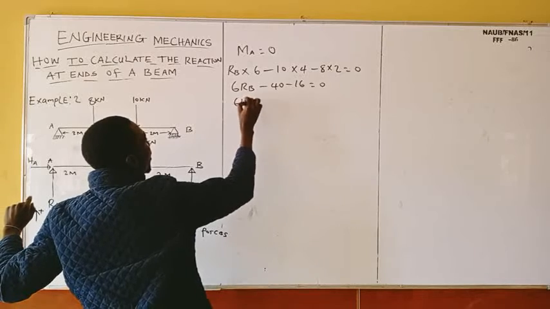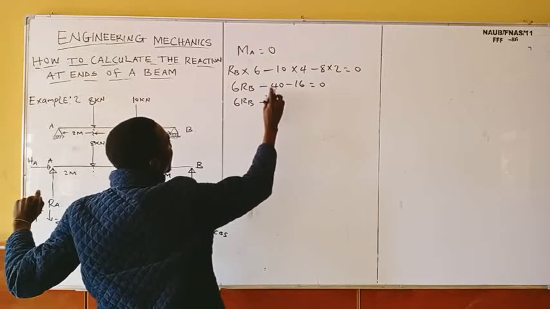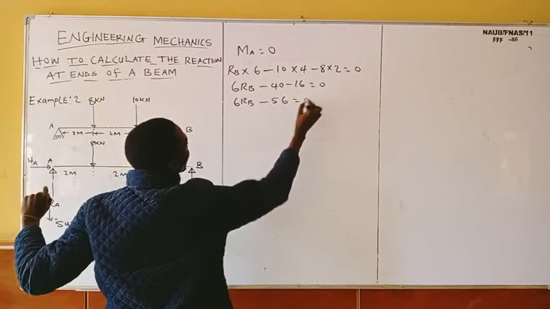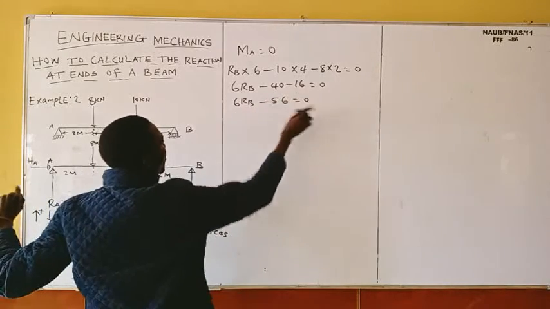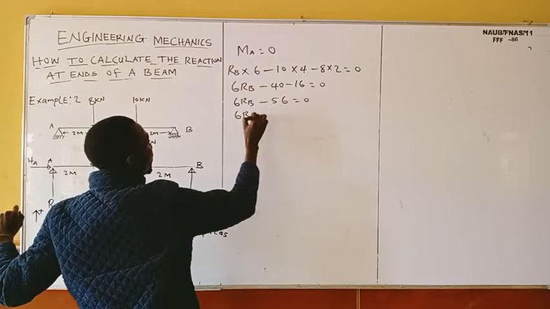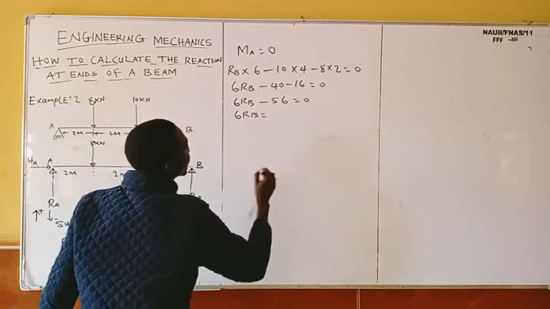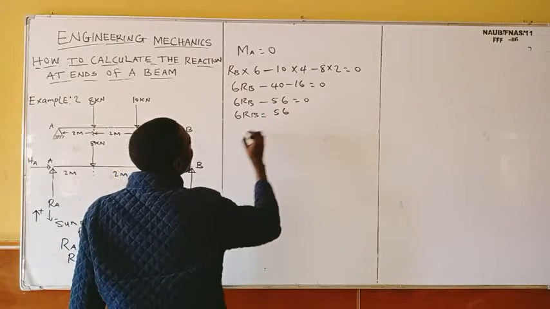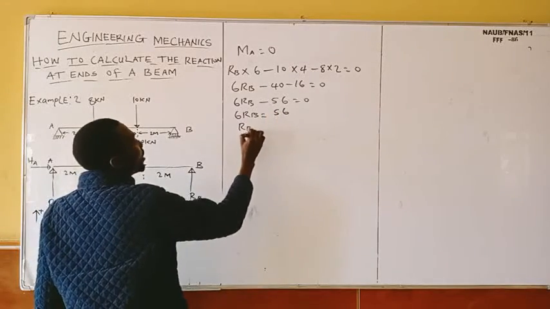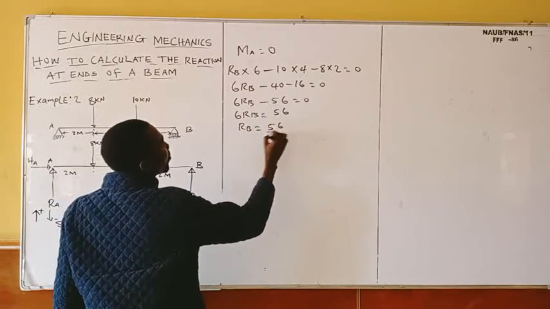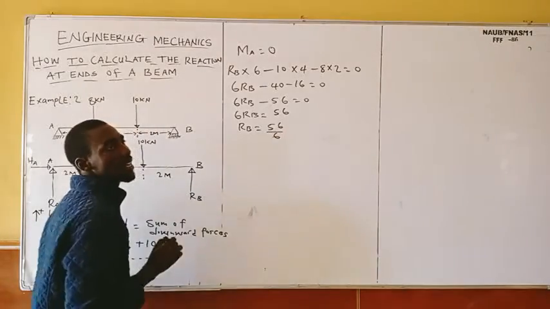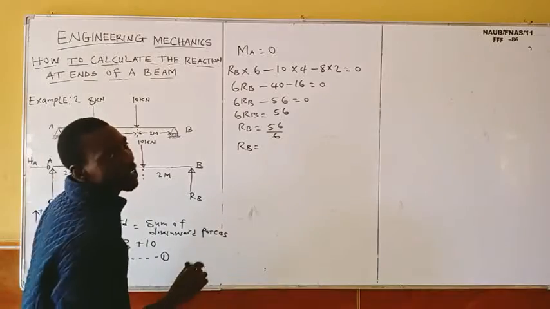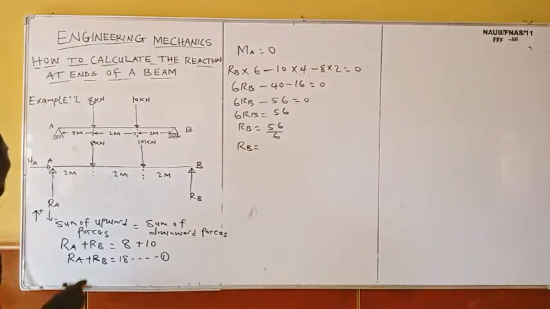So 6 RB minus 40 minus 16, that is minus 56 equals to what? 0. This will come back here. So 6 RB will be equals to 56. So RB will be equals to 56 over what? 6.